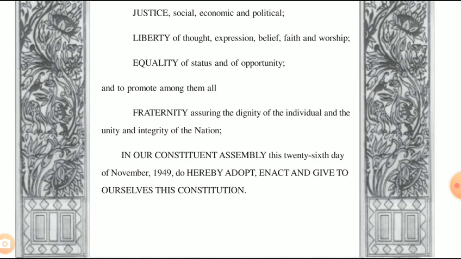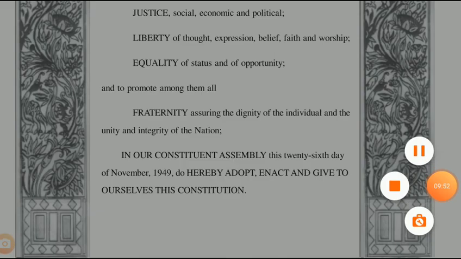In our Constituent Assembly, this 26th day of November 1949, do hereby adopt, enact, and give to ourselves this Constitution. So, this Constitution was framed on 26th November 1949 and it includes all the above mentioned details to safeguard the nation and its citizens.